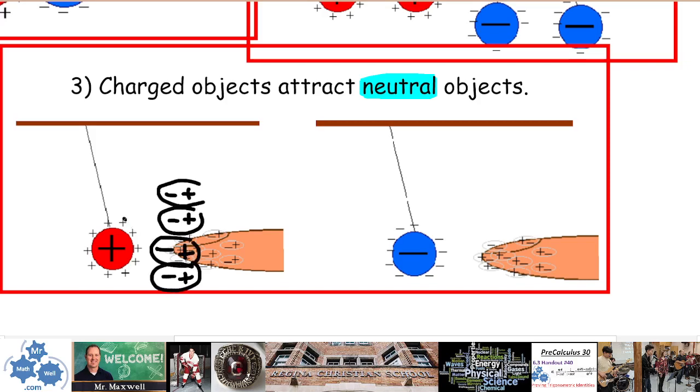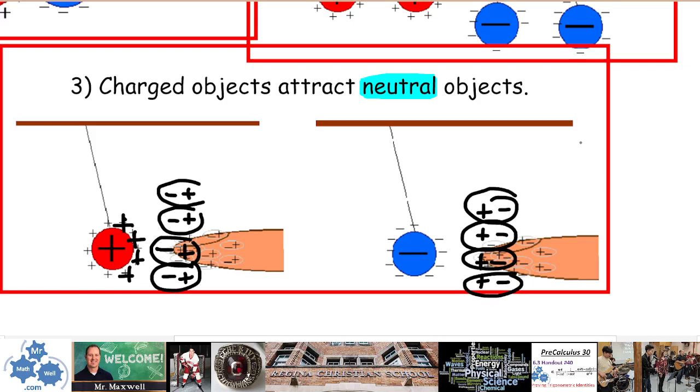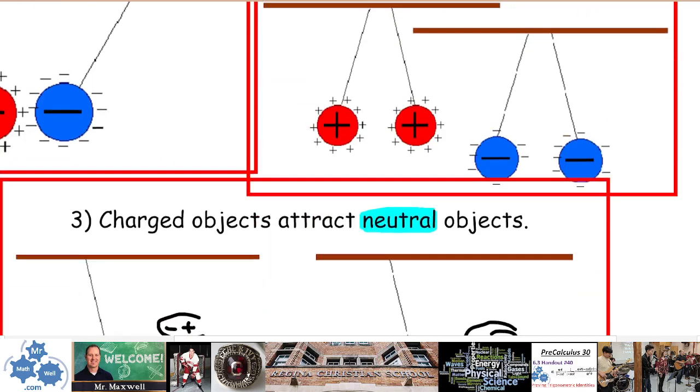And so there will be an attraction between the positives here and the negatives here, okay? And even if it's oppositely charged, the neutral will line up in such a way that the particles will be able to kind of partially be charged, this neutral object can be partially charged in the presence of another charged object.